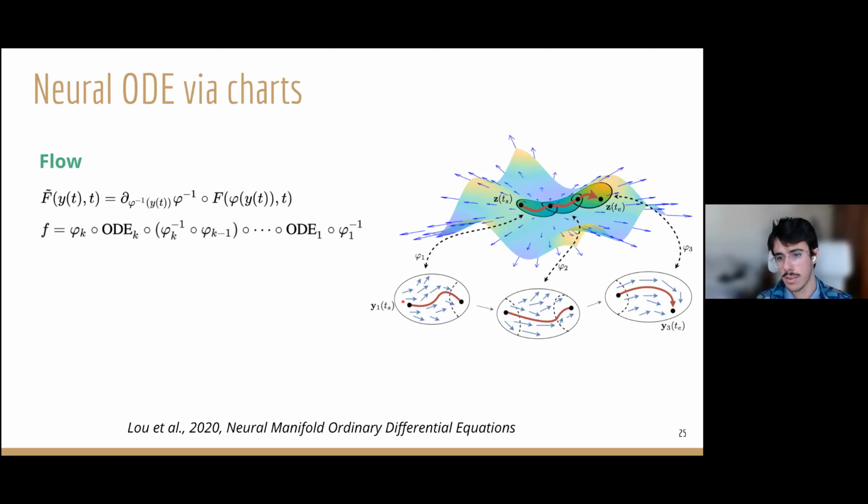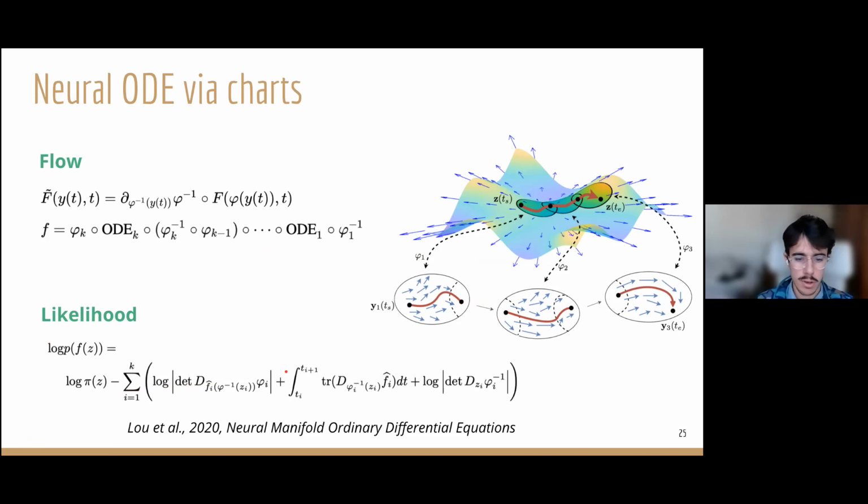Since there is no global chart that would cover the entire manifold, otherwise it would be Euclidean space, you need to do that on each individual chart and make sure that you connect things properly, which can be summarized here. First, you start by pulling this onto the first chart, then you solve it on the first chart. Then when you exit that, you go into the second one, and so on. And then the likelihood can be computed.